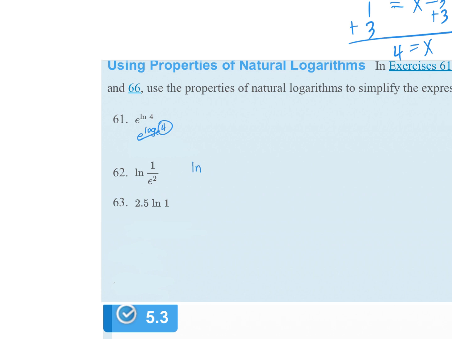This is the natural log of e to the negative 2 power, right? So it's log base e of e to the negative 2. These cancel, my answer is negative 2. This one here would be 2.5 times the natural log of 1. Well, remember, anytime the log is of 1, we know that it equals 0. And so this is 0, okay?